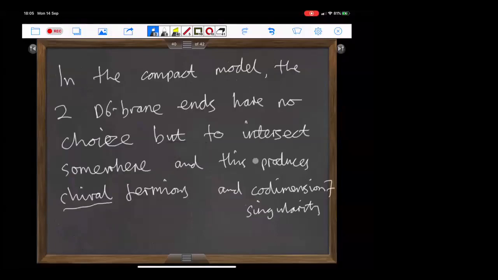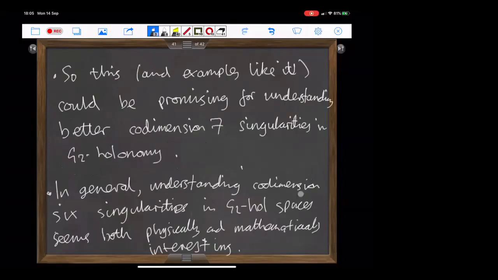But in the compact model, these D6 brane ends have nowhere to go on the T3, and they essentially have to intersect. This physically will produce chiral fermions, and geometrically should produce a codimension 7 singularity. So it's nice that there's a physical interpretation of the topology in this example.